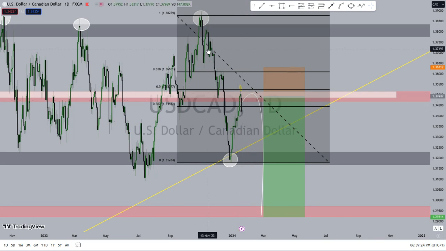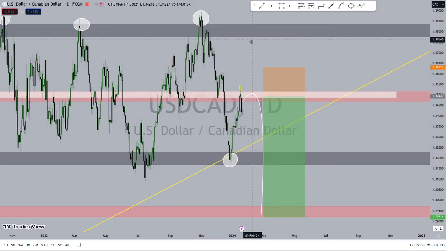So that is that for USD CAD. This region is our target for USD CAD.